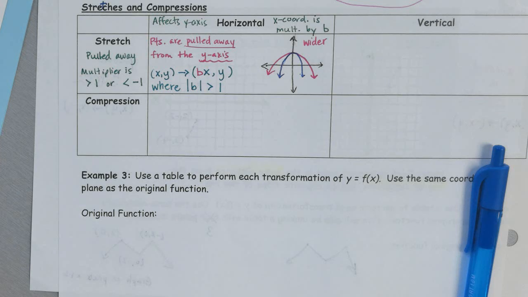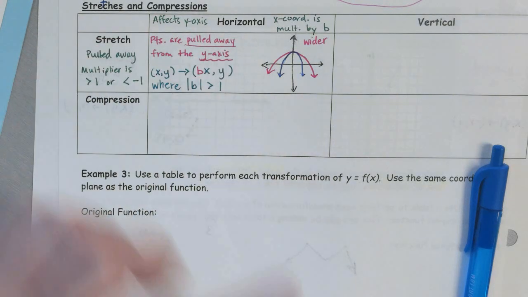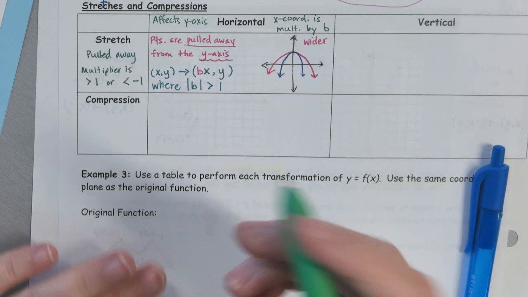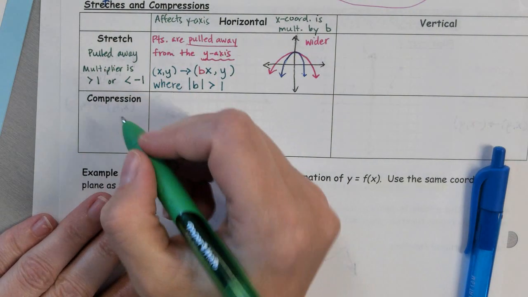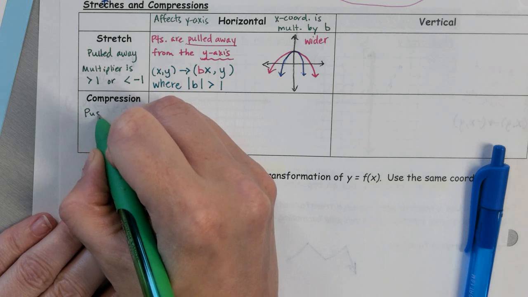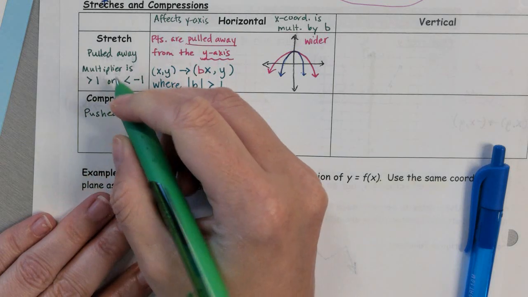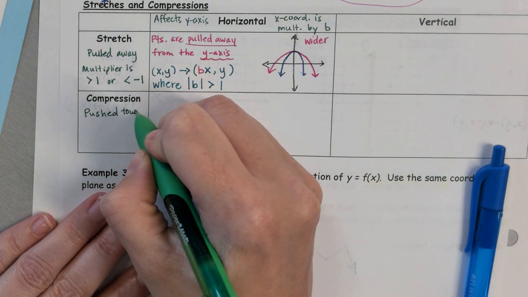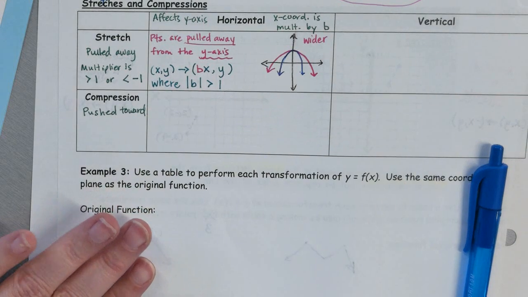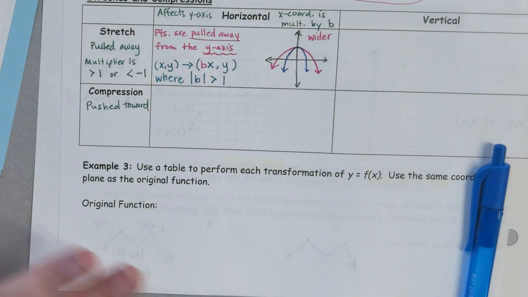All right, and we're going to stick with the horizontal, because the horizontal is going to affect the y-axis. In a compression, it is pushed towards that axis. So for any compression, they're being pushed towards.